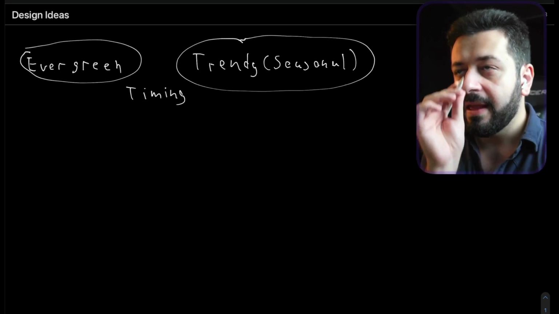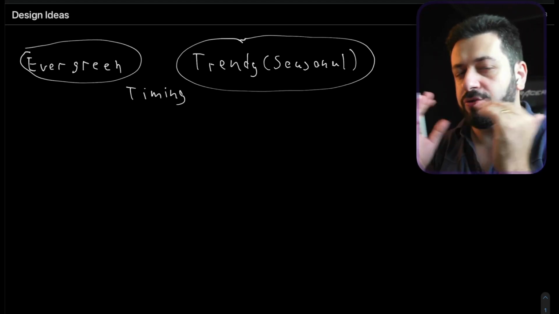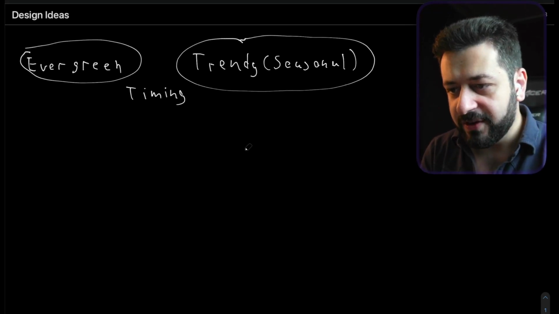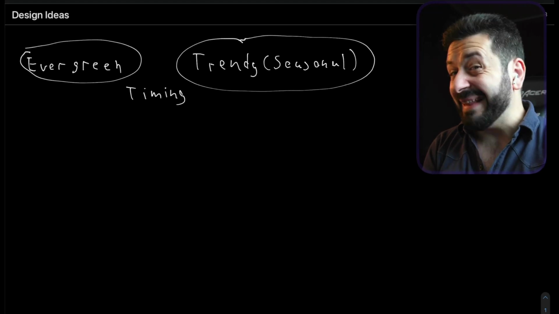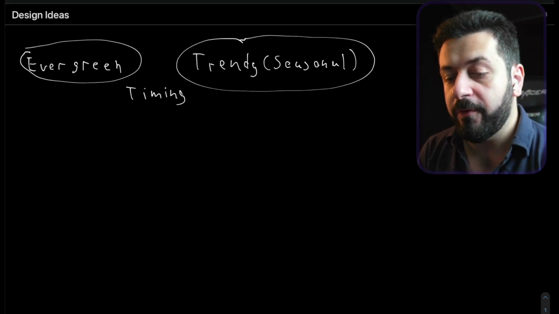Seasonal or trendy content has a very, very small time frame where this is actually a trendy topic where you can actually sell your t-shirts or your designs or whatever it is. To give you even more distinction, evergreen designs are relatable to more people because you're choosing a distinct group of people.